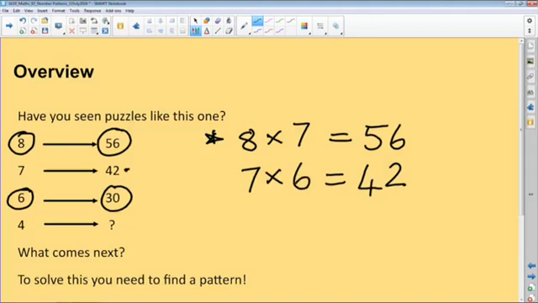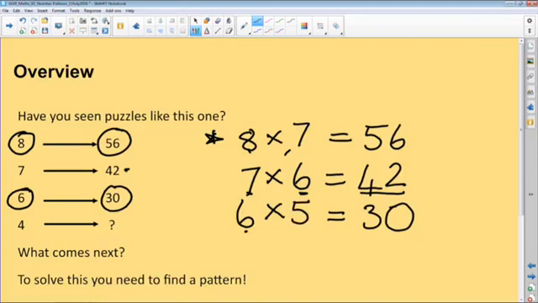Let's see if this pattern continues. For the next line, we have 6 multiplied by what is going to give us 30. Now, if our pattern's correct, we've got 7 multiplied by 8 gives us 56. 7 multiplied by 6 gives us 42. So it should be 6 multiplied by 5.